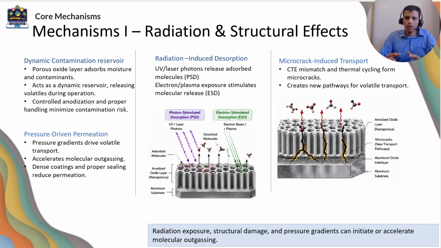Based on the system where it's going to be installed and the environment, there is more chance of this outgassing, considering all of this. So how can we address this issue? In the upcoming slides, we will see how we can mitigate and address this.